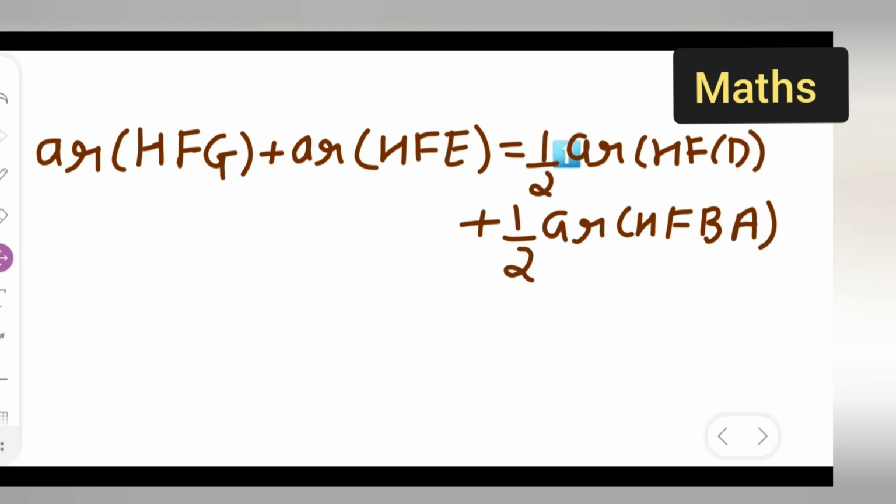Now here you can take half of the area common. The combination of these two gives you the entire portion EFGH.